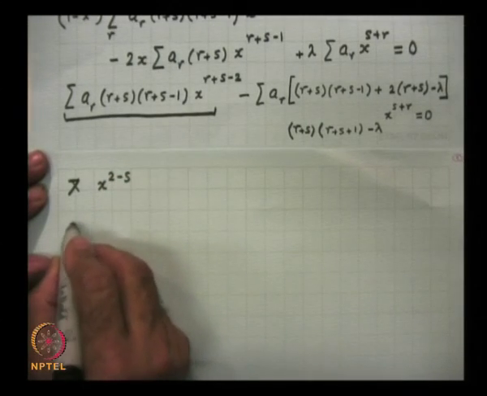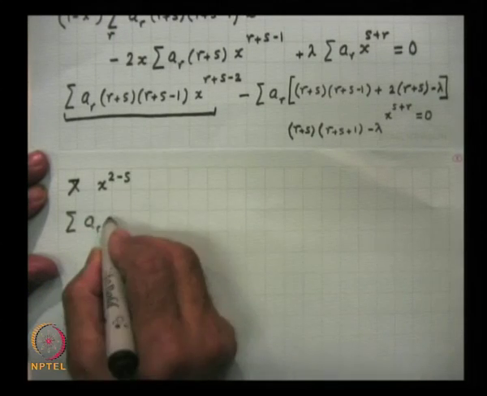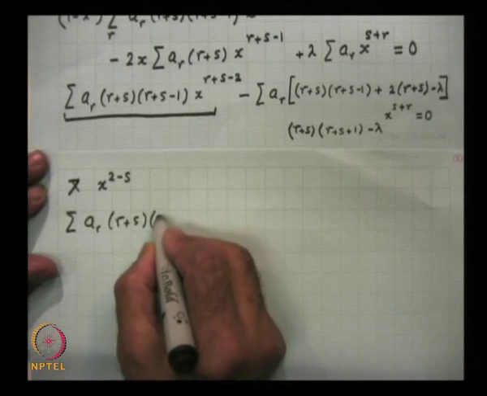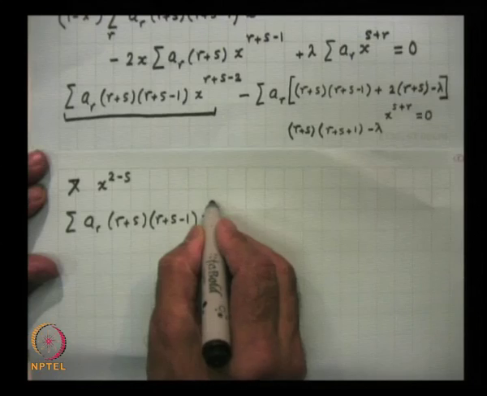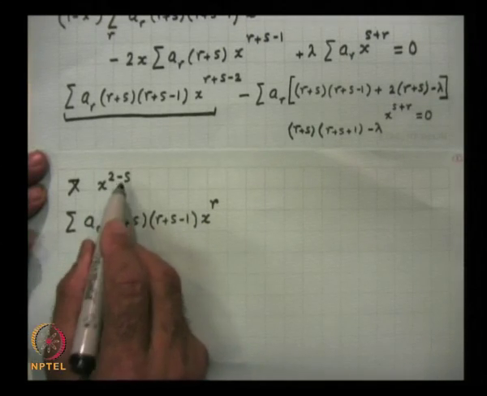So, the left hand side becomes summation a_(r plus s) into r plus s minus 1 into x to the power of r, because I have multiplied by x raised to the power of 2 minus s.